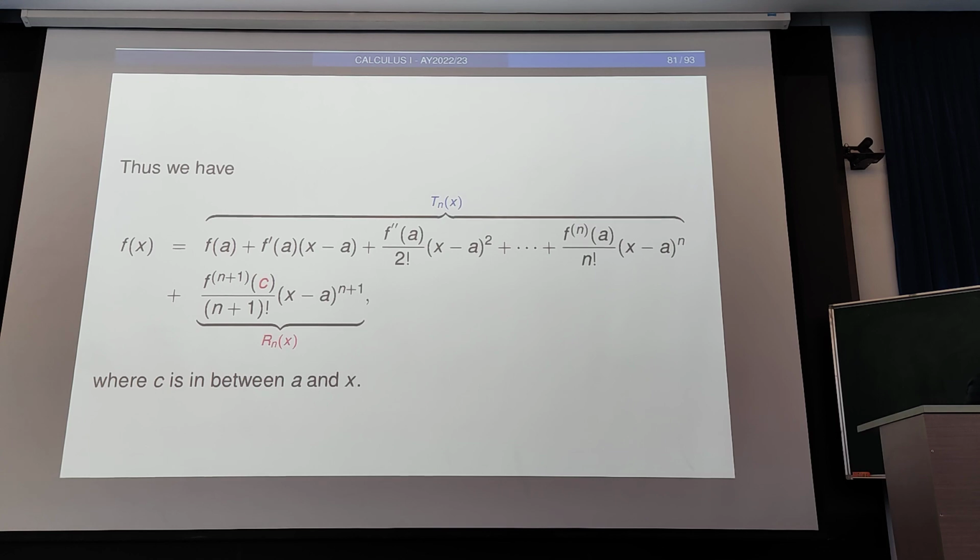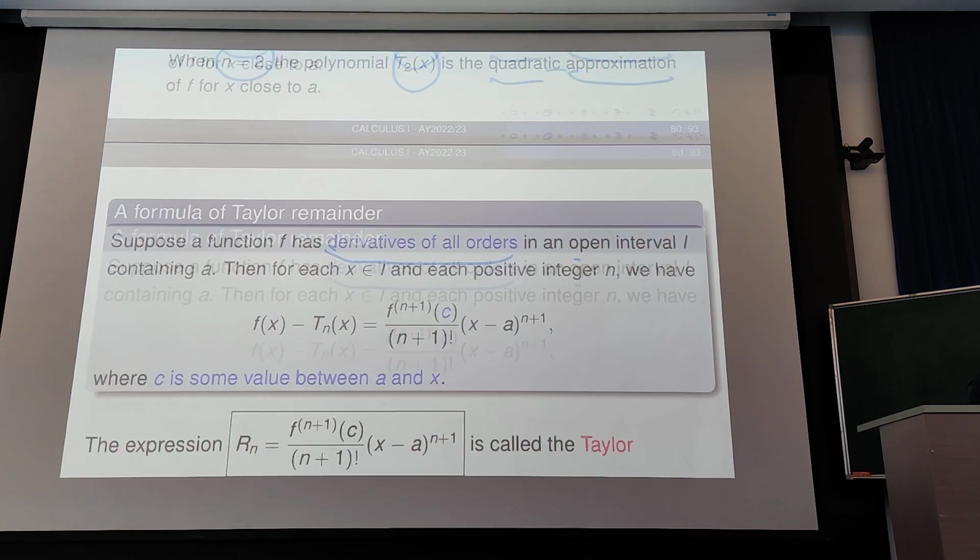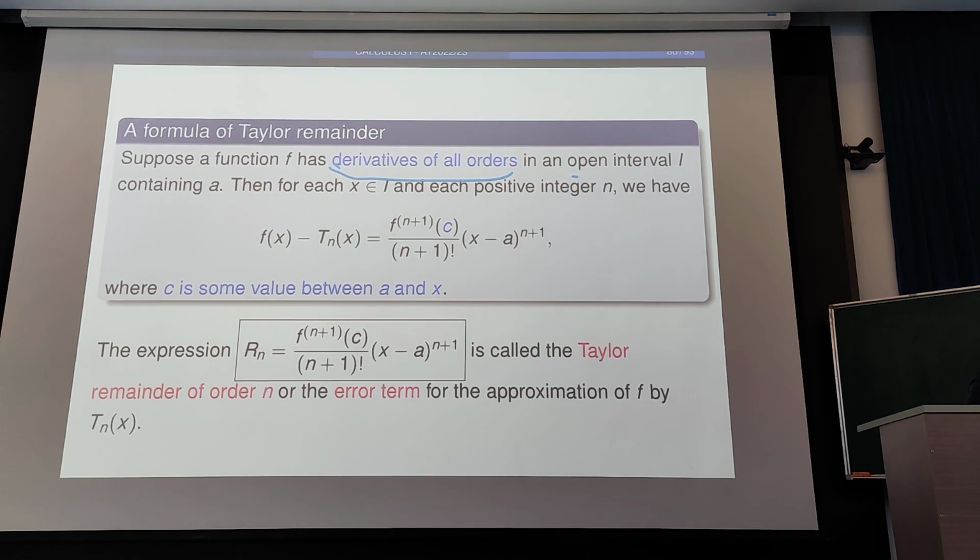So you see, that means, okay, let's come back to the problem of power series representation. I told you that when you have a function f that has derivatives of all orders, then you can define a Taylor series, right?